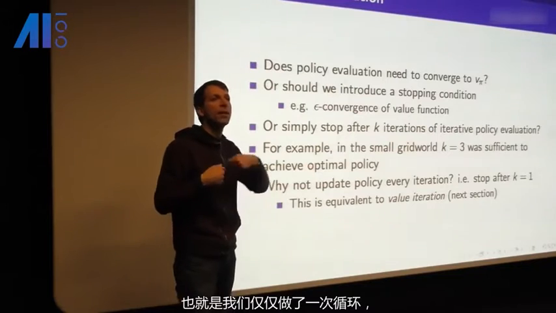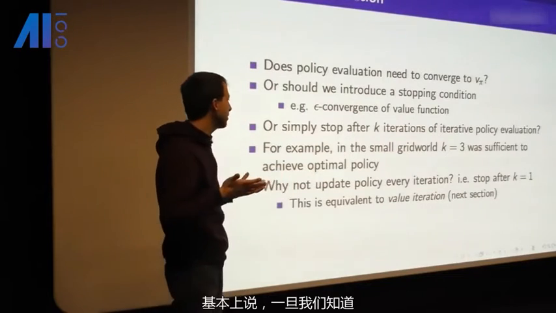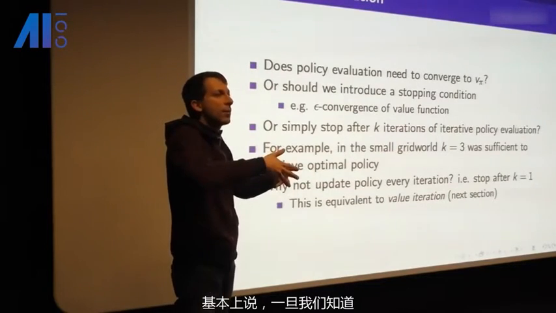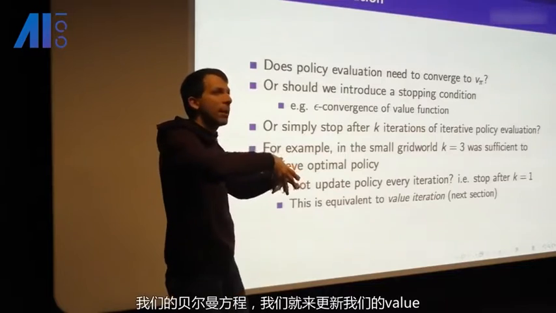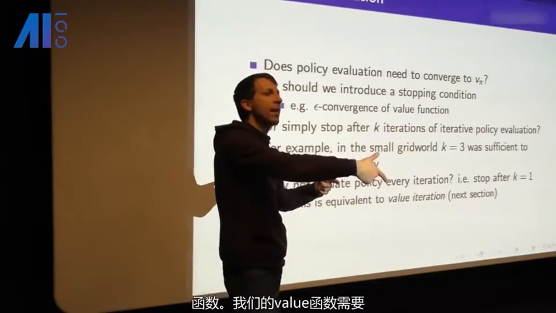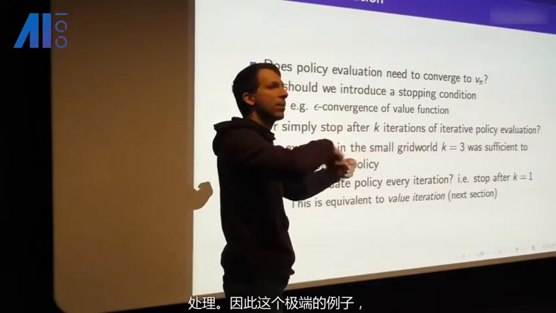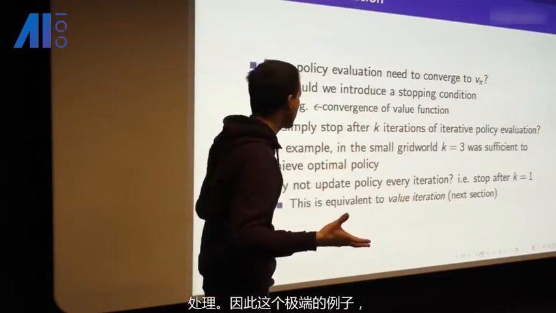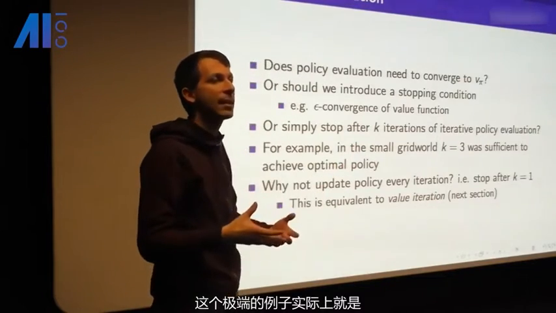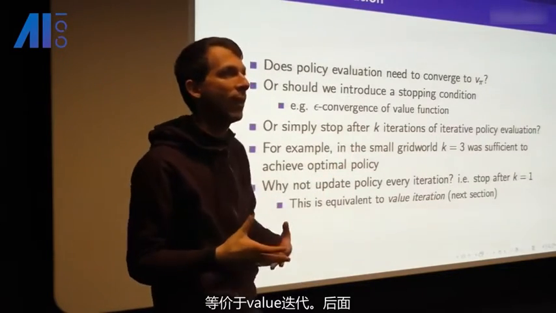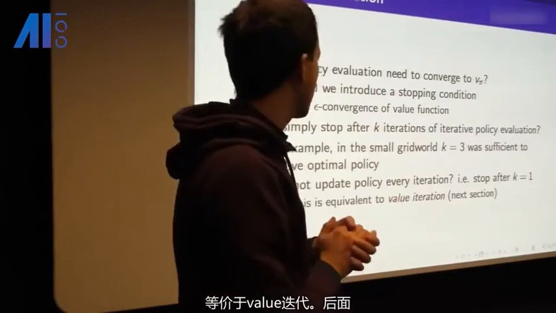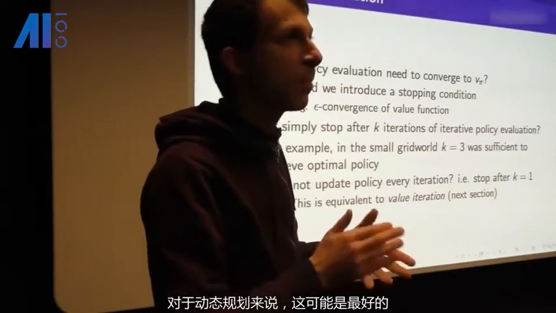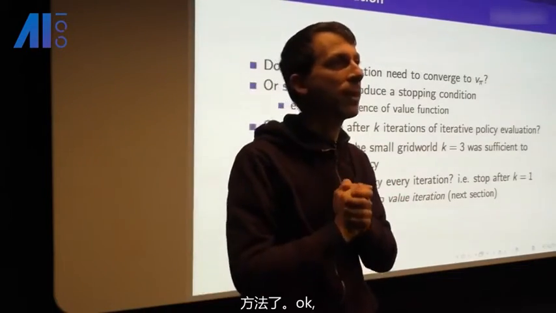In other words, we look at the Bellman equation once, update our value function, act greedily with respect to that value function, and then immediately proceed. This extreme case is actually equivalent to value iteration, and we're going to have a whole section on that. It's probably the most popular method for dynamic programming.